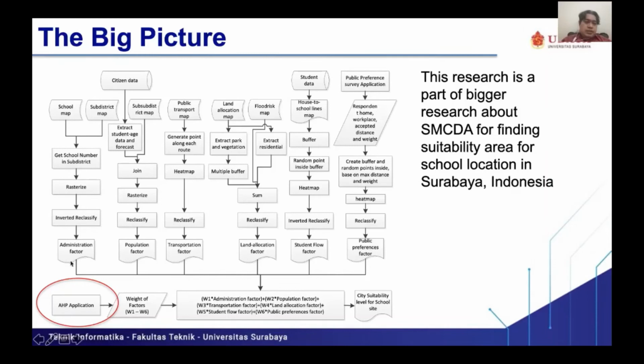This paper focuses on AHP application in the pairwise judgment process. This phase comes after all factors are already provided and done with a different method.